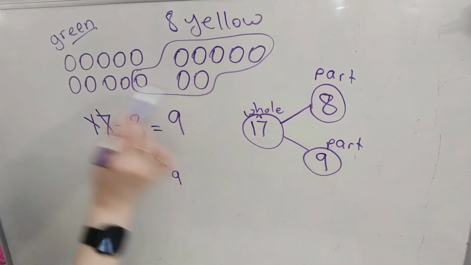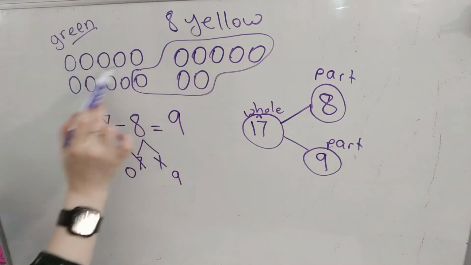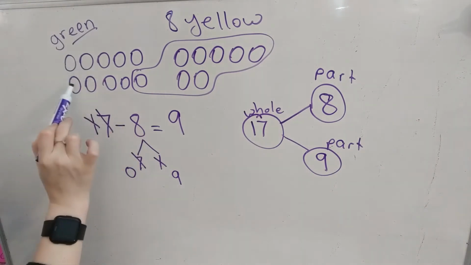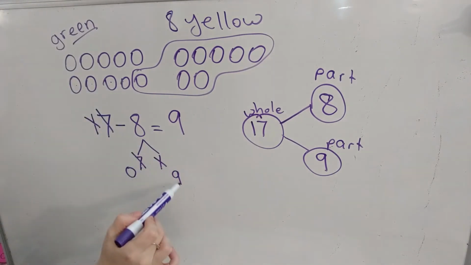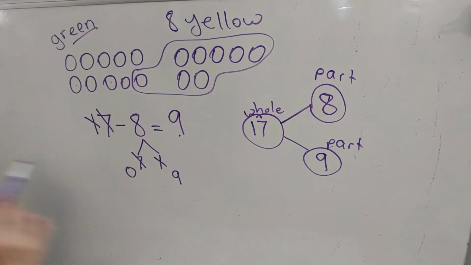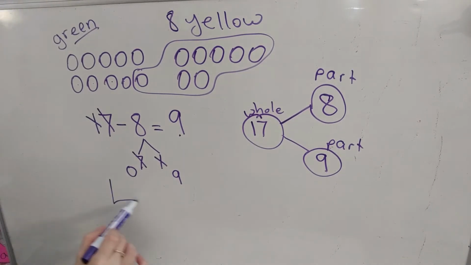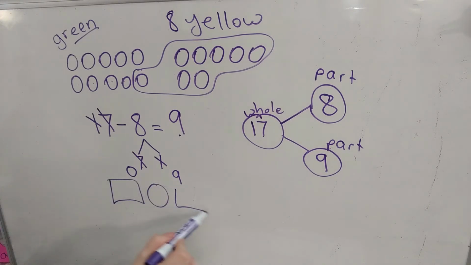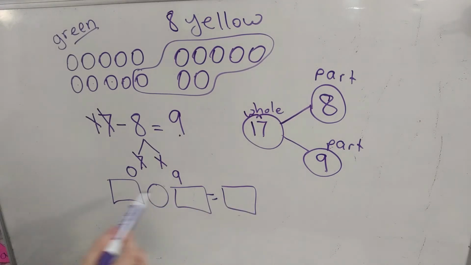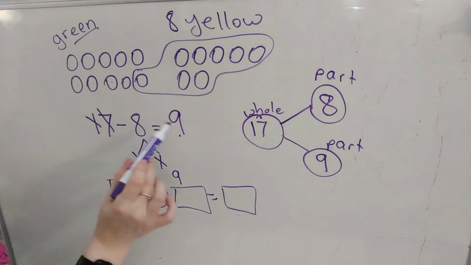9. Let's count to see if there is 9. Here's 5 and 4. 5, 6, 7, 8, 9. 9 green. We were right. So on your paper, in your book, it's showing you a box, a circle, a box equals another box. This is because they want you to write your own equation, just like we did up here, right?